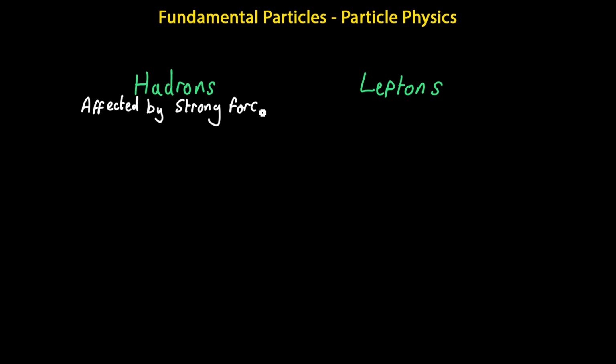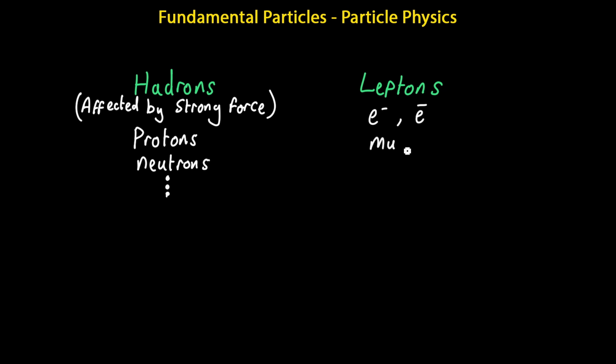The strong force is one of the 4 fundamental forces of nature, and it holds quarks together to form protons, neutrons, and other hadrons. Any particle not affected by the strong nuclear force would be categorized as a lepton. So this would include the electron, the muon, and their antimatter equivalents.